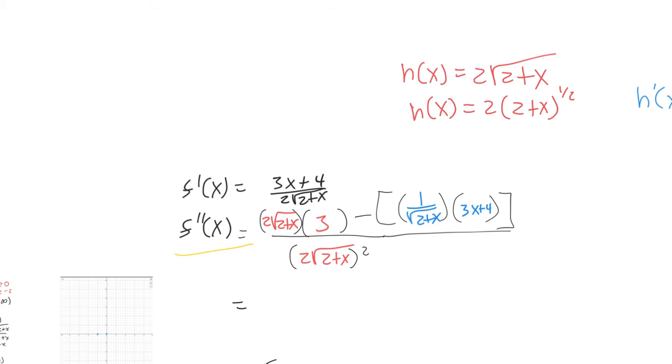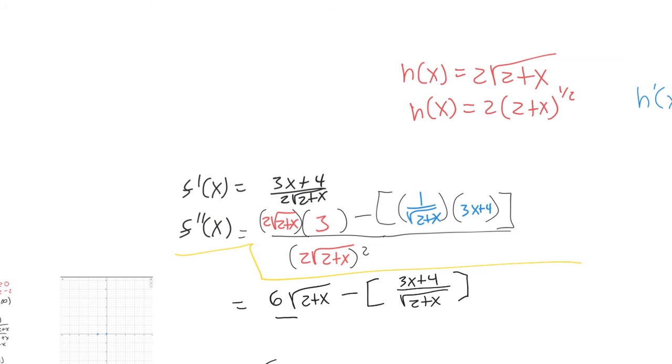We're going to do a little divider, and investigating, we would have 6 times radical 2 plus x minus the entire quantity of 3x plus 4 over radical 2 plus x.